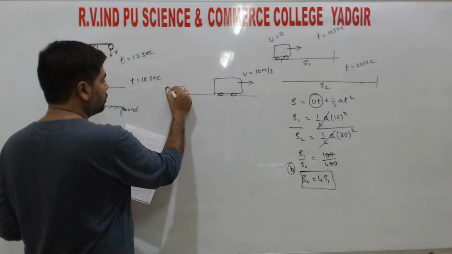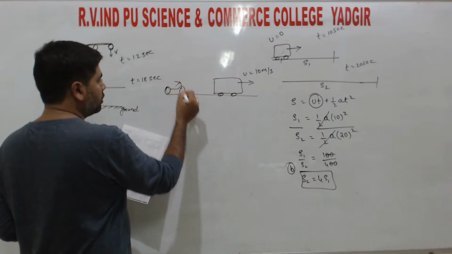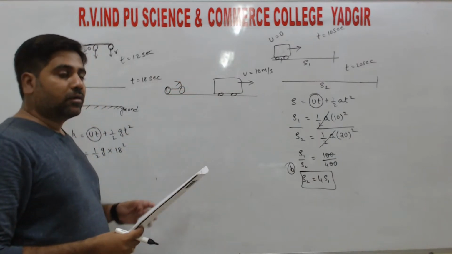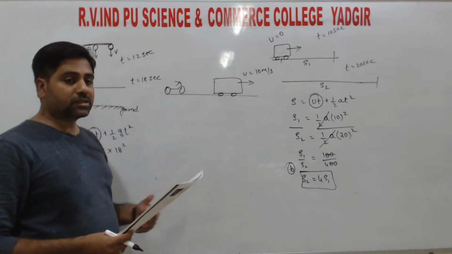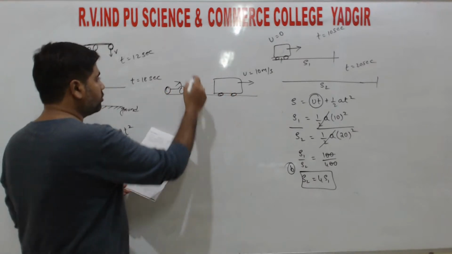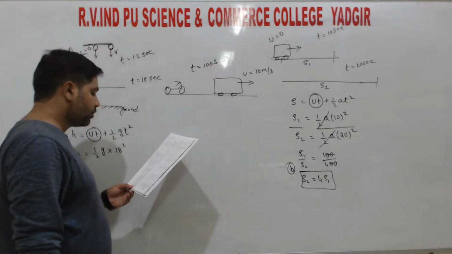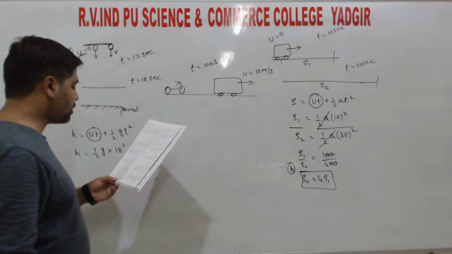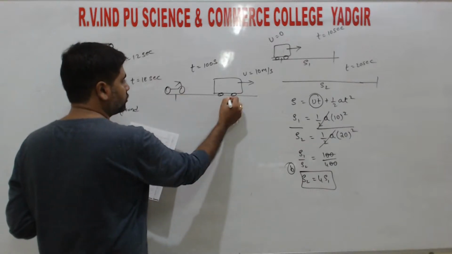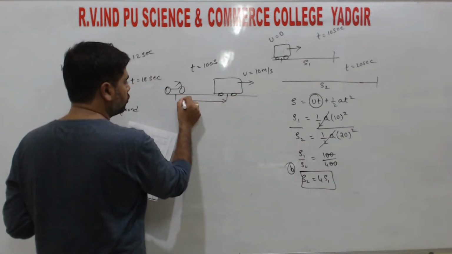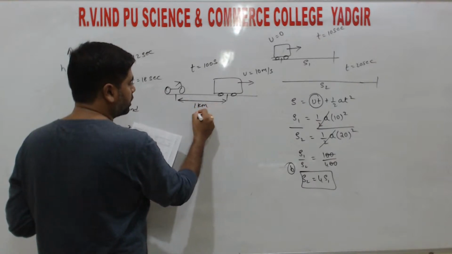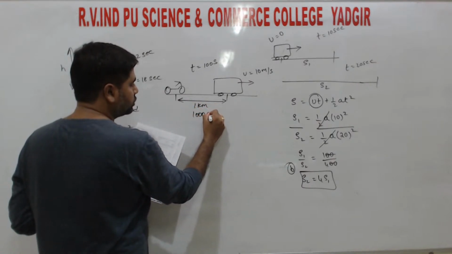So here one scooter is there, right? So this scooterist wishes to overtake this bus in the given time of 100 seconds, right? So if the bus is at a distance of 1 kilometer from the scooterist, the distance between the bus and the scooter is 1 kilometer, so SI unit is 1000 meter.